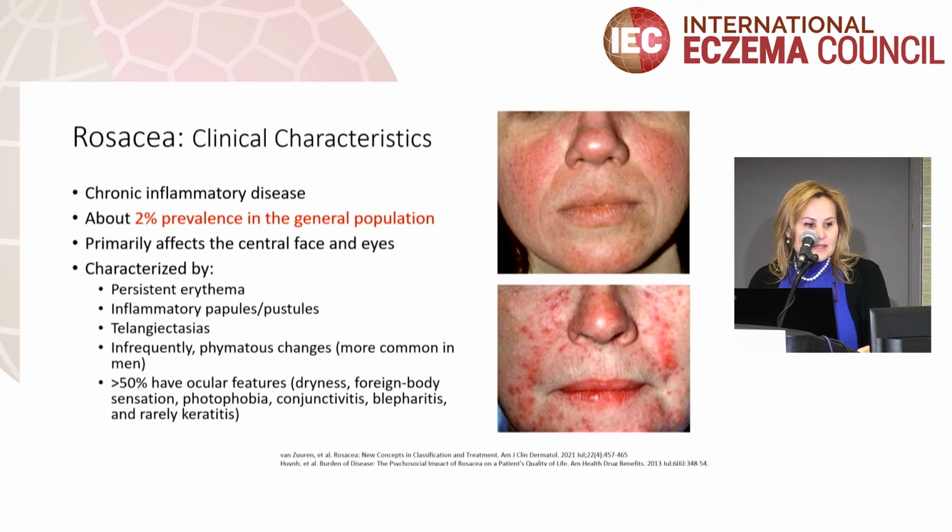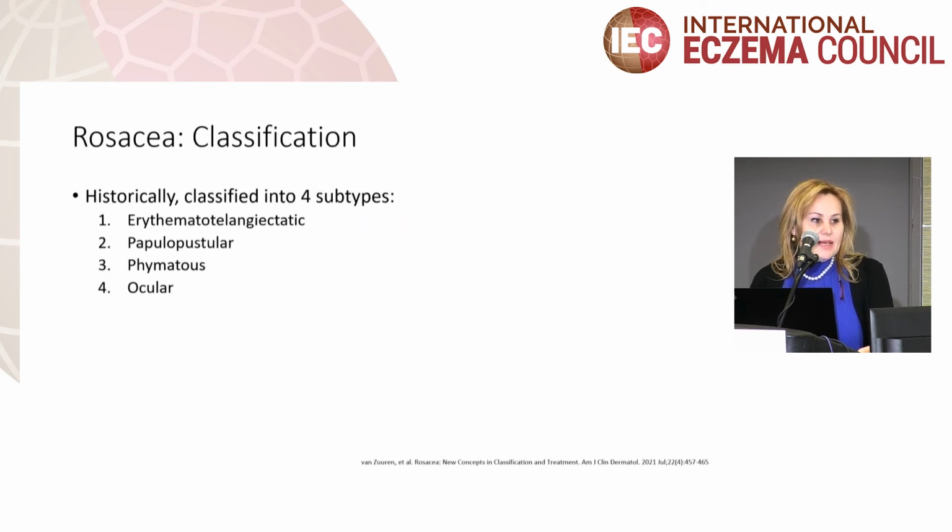It's characterized by persistent erythema, papules, pustules, telangiectasias, and at the extreme, phymatous changes that are more common in men. Many will have ocular features, and definitely we need to think about that and send them to an ophthalmologist and treat them.